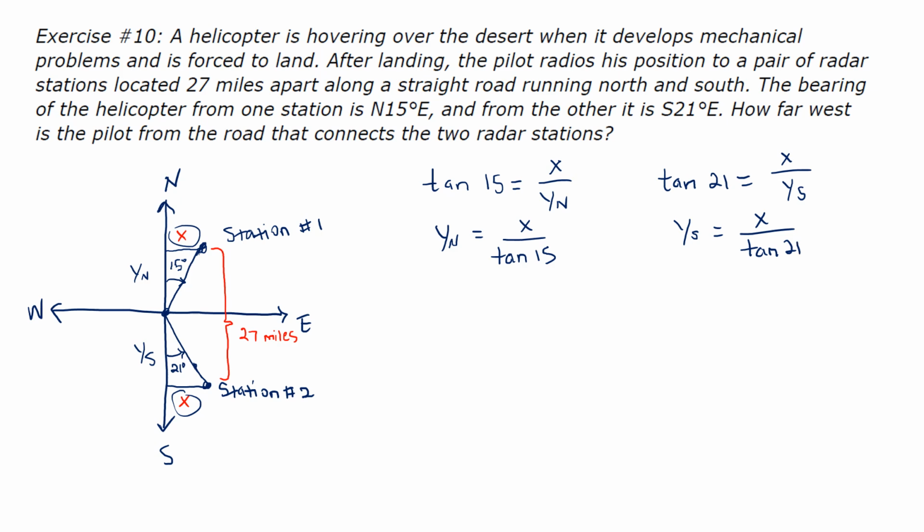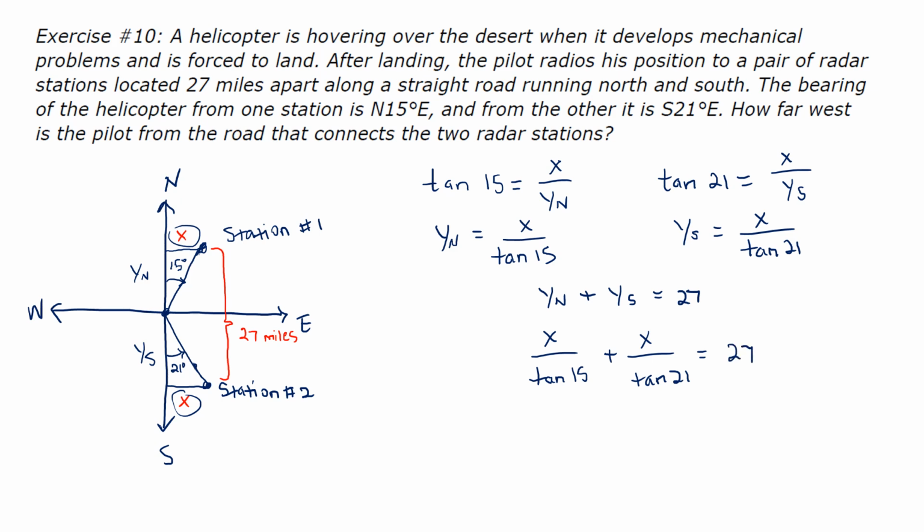Now I know that y sub n plus y sub s equals 27. So that's the total distance between station 1 and station 2. So that means x over tan of 15 plus x over the tan of 21 equals 27.